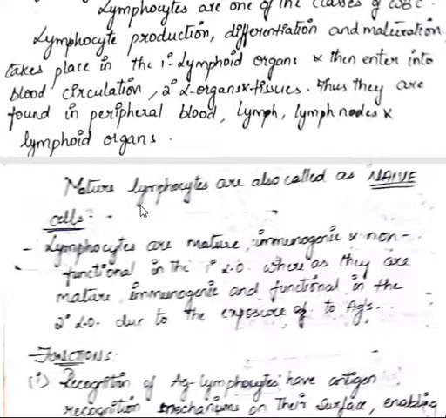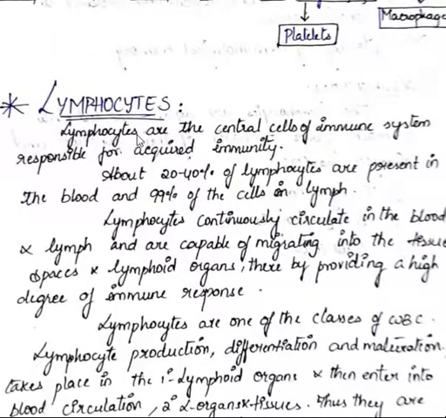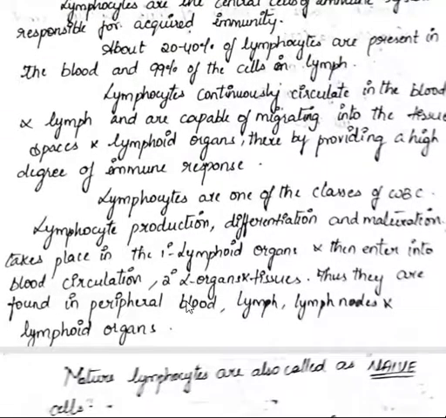Then coming to the functions of it, that means whatever the points regarding the lymphocytes are, these are the central cells of immune system. There are about 20 to 40% of lymphocytes present in the blood, and 99% of lymphocytes are present only in the lymph, and lymphocytes continuously circulate in the blood and lymph and are capable of migrating to the tissue spaces, lymphoidal organs, and thereby providing a high degree of immune response.